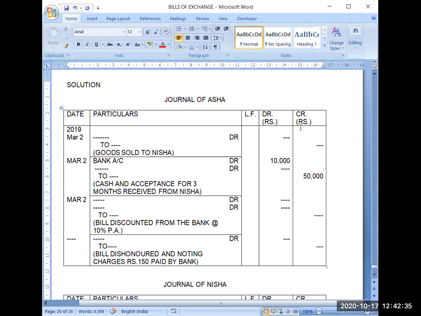Now I have to calculate its amount also, its entry also. The narration is given and you all know the logic of narration. Narration is itself a transaction. So with the help of this narration, I can make the journal entry. The narration is given: goods sold to Nisha. So the answer will be Nisha debit.